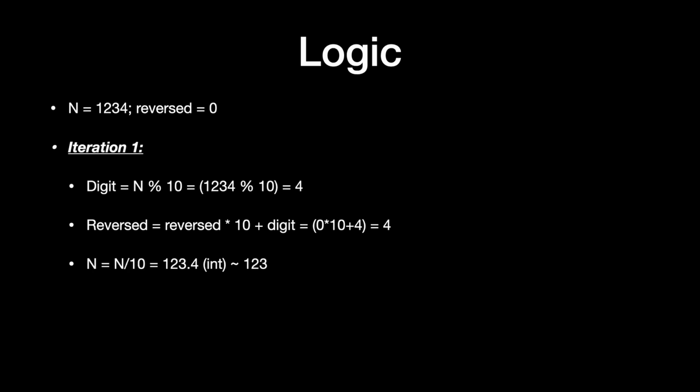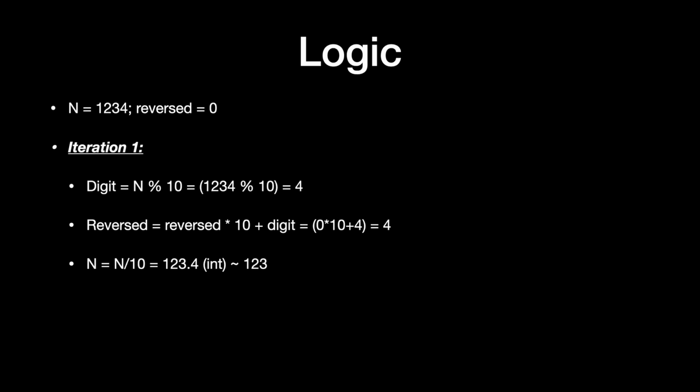And then we update the value of n, because now that we have got our first digit, we will remove it and move on to the other digits. So we decrease one digit, and the best way is by dividing n by 10.